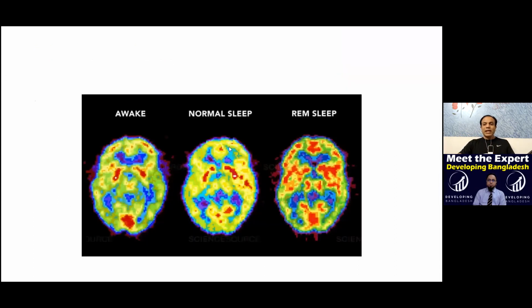So this is called a PET scan. It's called positron emission tomography. You can see this is awake, this is normal non-REM sleep, and this is REM sleep. This red part indicates an active part of the brain. So these parts of the brain are active. You can see how many portions of the brain are active during awake and normal sleep.